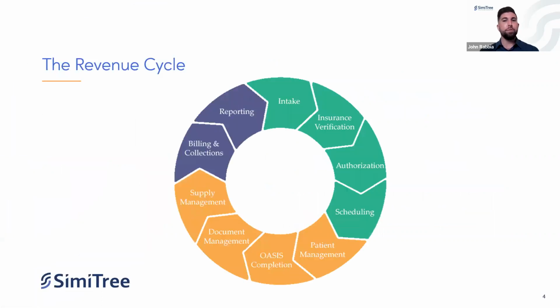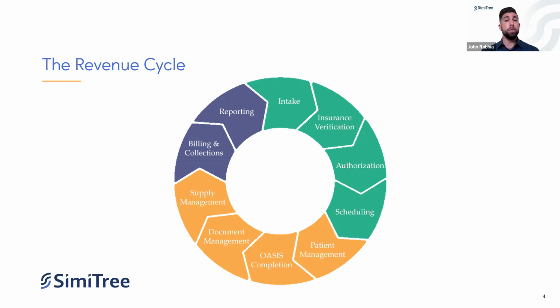So this little graphic kind of frames up some of the magnitude of what we're talking about today. This is the post-acute revenue cycle. And as we can see, it really starts in intake. We are collecting some of the really vital information that's necessary to drop a claim timely and to have it be processed without any sort of rejections or denials.